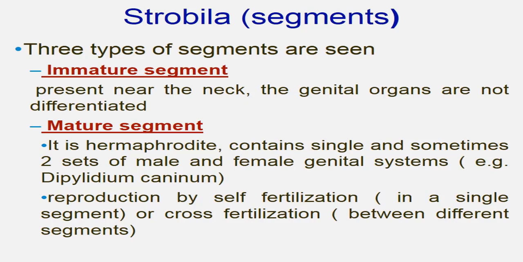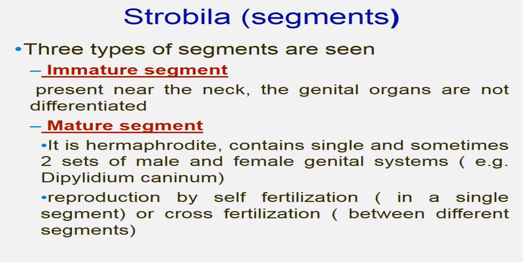Let's talk about different segments of class Cestodes. As we said, there are 3 types of segments. The immature segment is present near the neck. The genital organs are not differentiated, while the mature segment is hermaphrodite, containing a single and sometimes 2 sets of male and female genital systems, as in Dipylidium caninum.